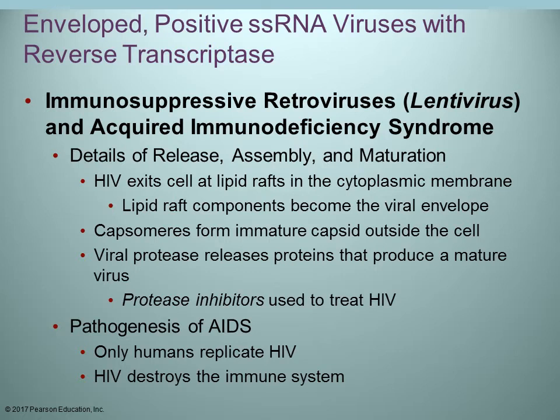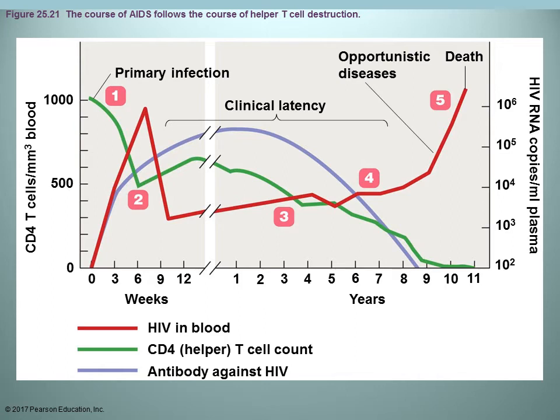So what does the HIV do? It's destroying your immune system, which is why it makes it much easier to develop these opportunistic infections. So if you look at these different lines on this graph, if you look at the red line, this is HIV in the blood, so the number of viral particles in the blood.